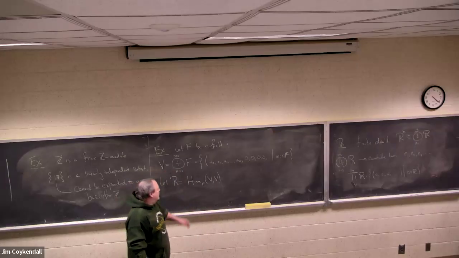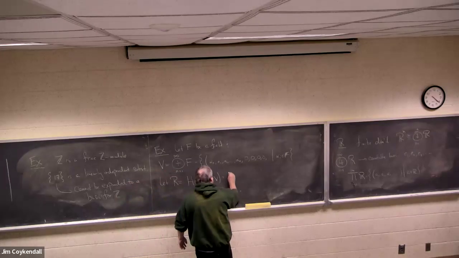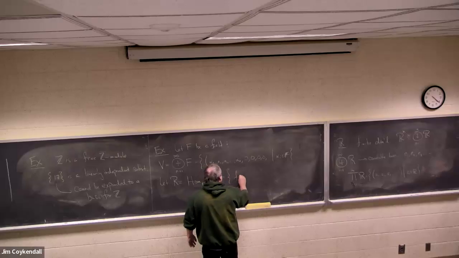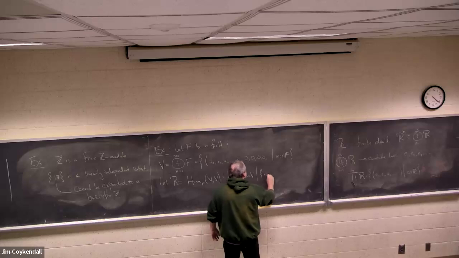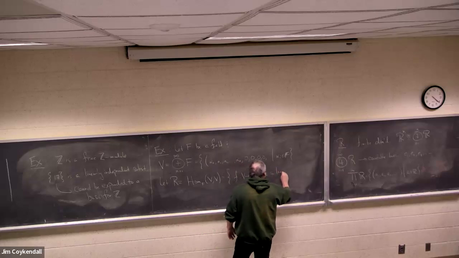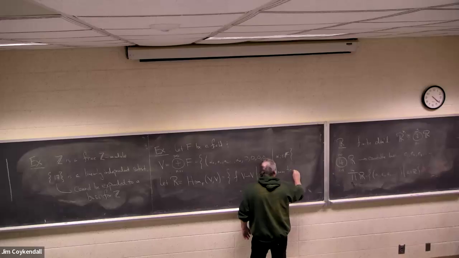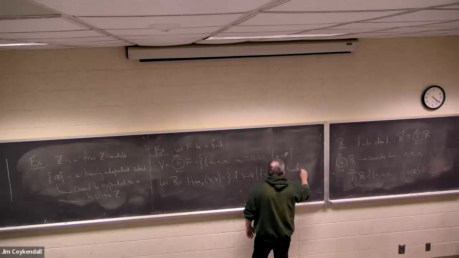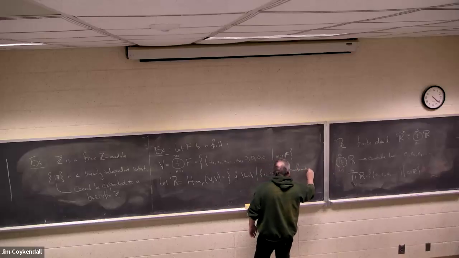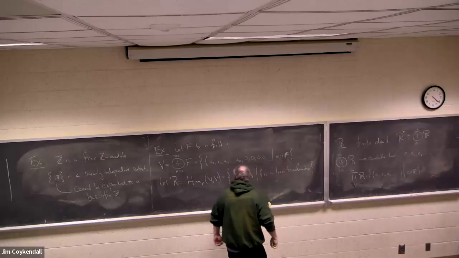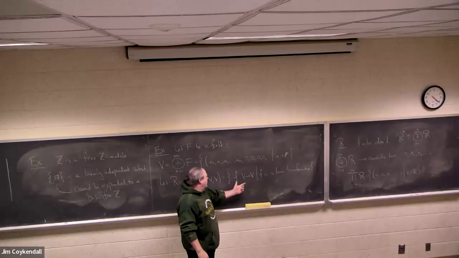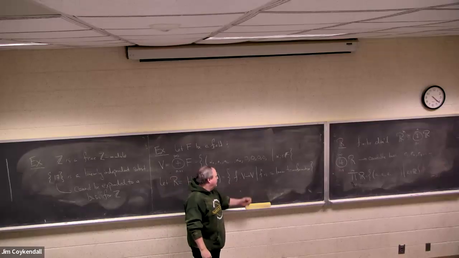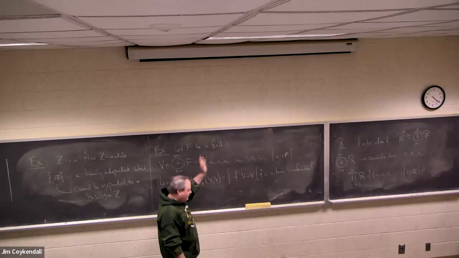Let me tell you what this ring is. This is the set of functions f from B to B such that f is a linear function. So this is the set of every linear transformation from B to B. Any of them, right?